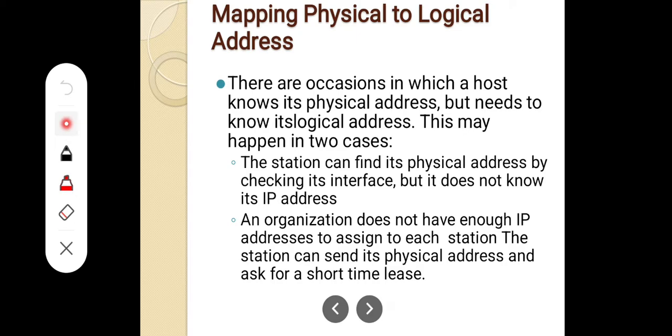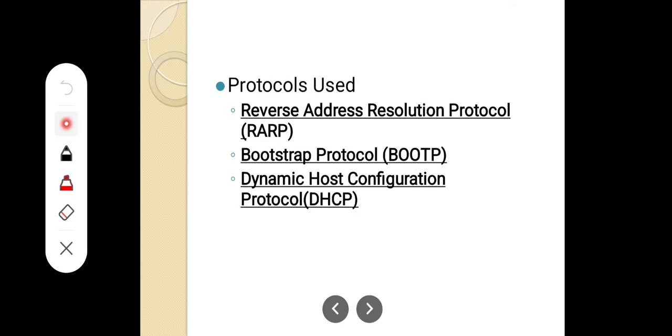So for these two cases we require the IP addresses. Now we are discussing the protocols. Again, I am repeating, we have the MAC address in hand, and from the MAC address we are going to retrieve the IP address.